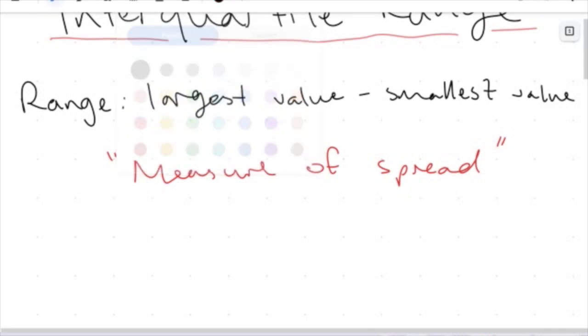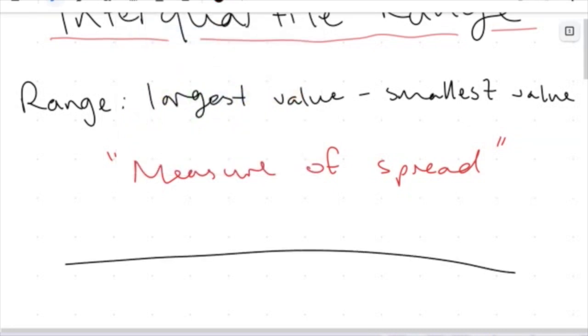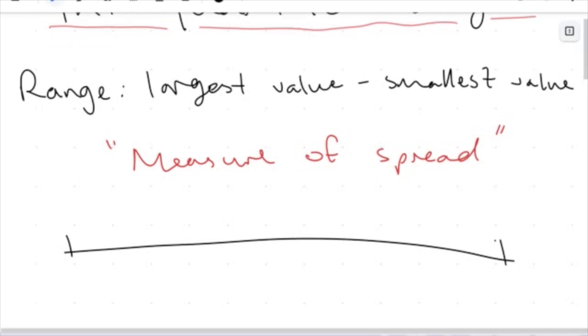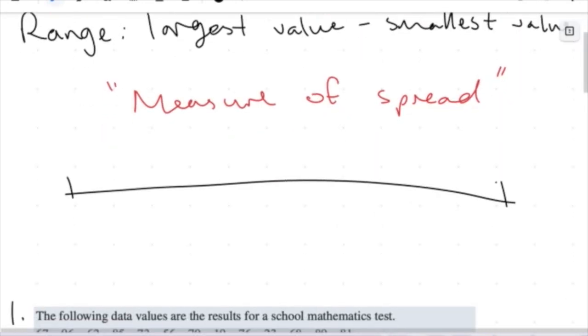So, if we have an entire data set from this point to this point, and we record all of our values here. We have our smallest value, we have our largest value, and let's look at what we know in terms of rough positioning of these data.